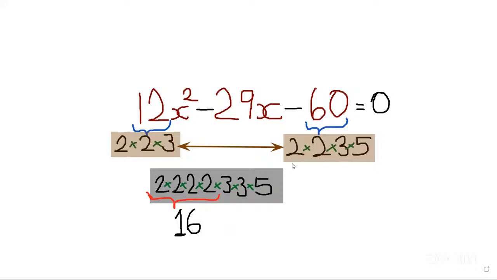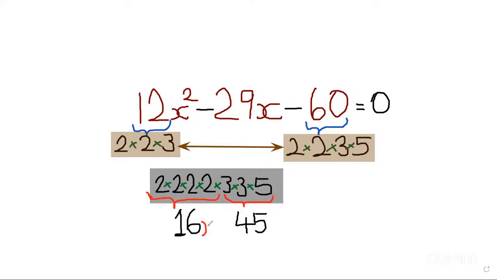All right, so imagine this 16 and you add it to this 29. When you add 16 to 29, what do you get? Perhaps you will get 45.